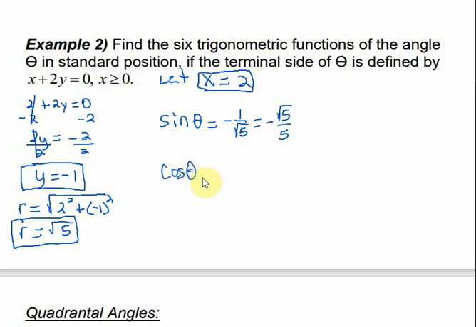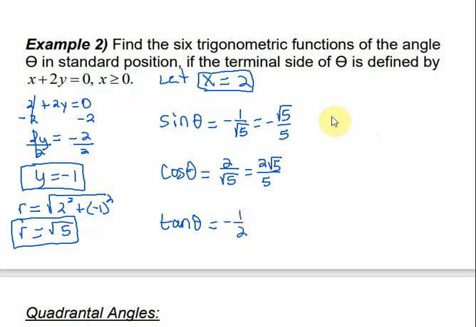Cosine is x over r, so that's 2 over the square root of 5, and again, I rationalize that, so that's 2 square root of 5 over 5. And then tangent of theta is y over x, so that's negative 1/2.